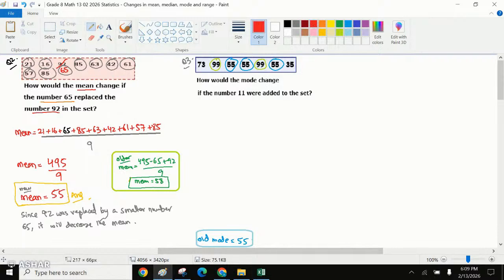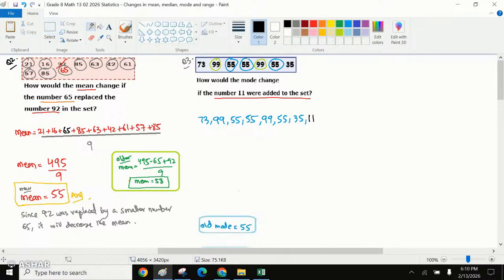But we need to see, if the number 11 were added to the set of these numbers: 73, 99, 55, 55, 99, 55, 35, and the new number added was 11, right? So in order to find the mode, which number is still repeated the maximum number of times? 55 is still 3 times, right?